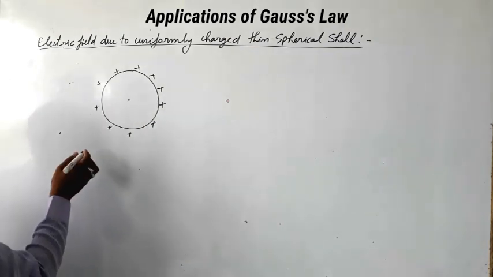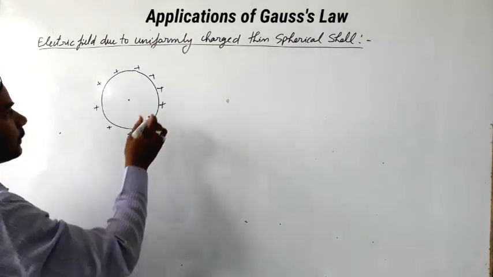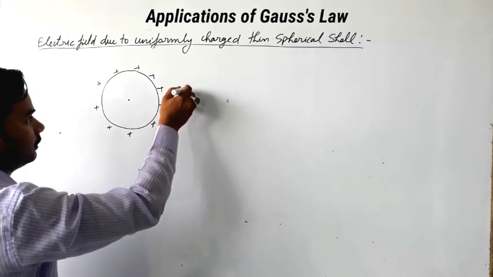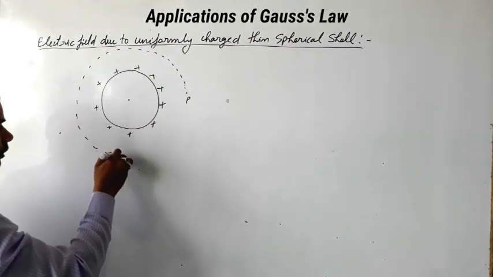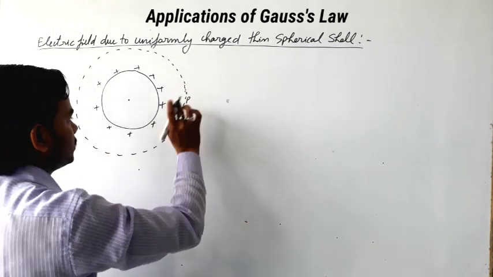Okay, so for the first condition we will consider a point P situated outside, and we consider a Gaussian surface where point P is situated.